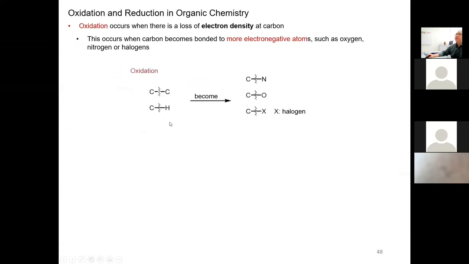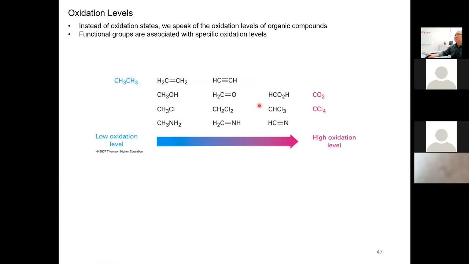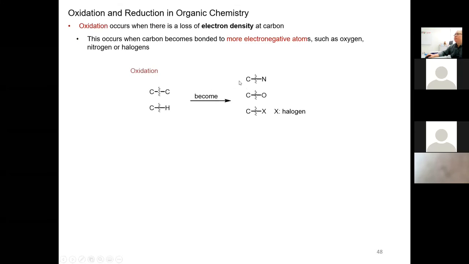If during the reaction the carbon is now linked to more electronegative atoms, like if a CO bond or a CN bond or a C-Cl bond is formed, then I look at the oxidation level, and you can see, oh, now the C is bonded to chloride. When it is bonded to more electronegative atoms, the electron density becomes less, because of the electronegativity of the atom it is bound to. So there is a loss of electron density on carbon, and in this process we call it an oxidation.